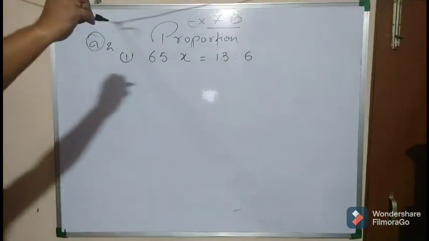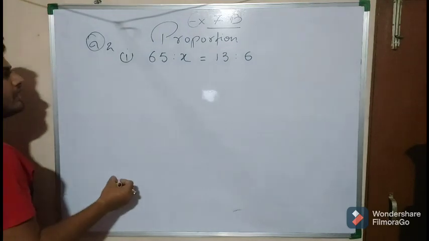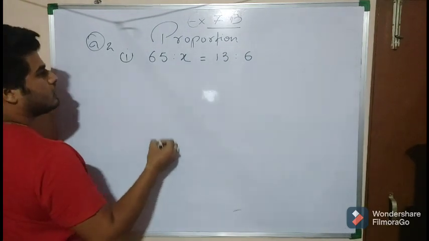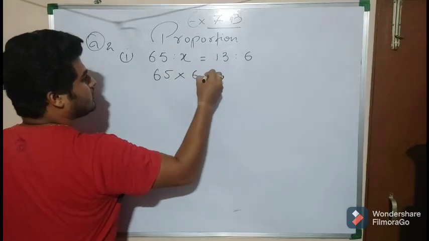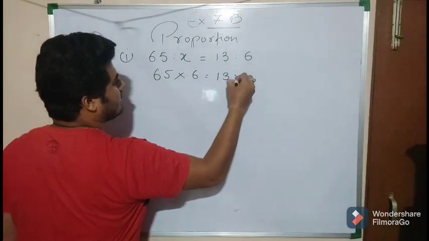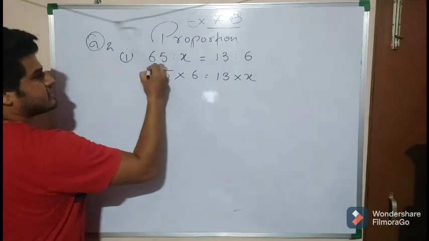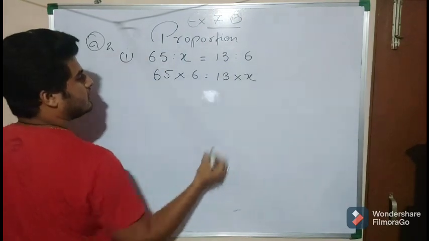Now we have to find the value of x. So again, by product of extremes equals product of means, we can write 65 into 6 should be equal to 13 into x.